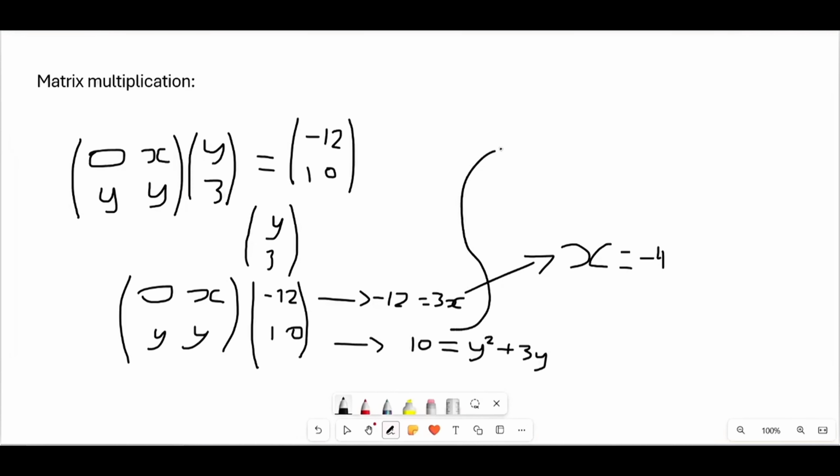So I'm going to take it all the way up here. I'm going to rearrange that to be quadratic. So I'm going to write it as y squared plus 3y minus 10 equals 0. And then you can just put it into the double brackets as it is.